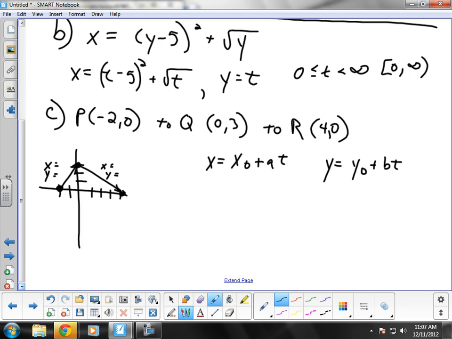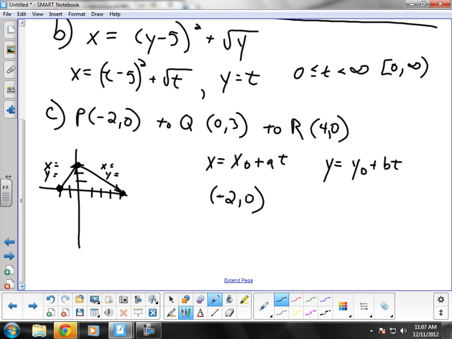So, we are originating at this point, -2, 0. You always start with your point where you started; that's what subscript 0 means. If we're going in the direction from P to Q, P is our origination point. That's our x sub 0 and y sub 0.